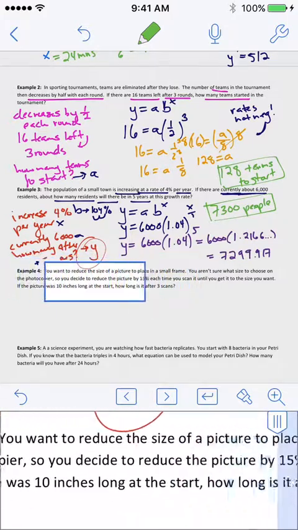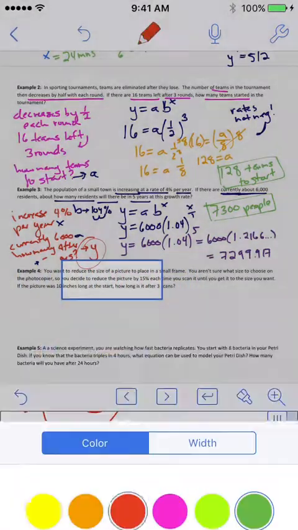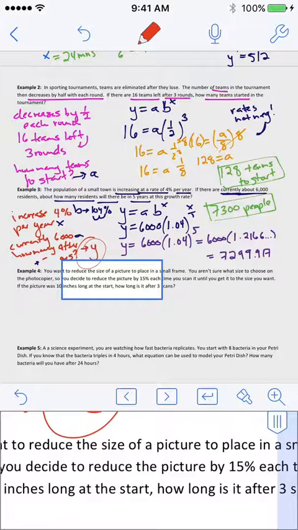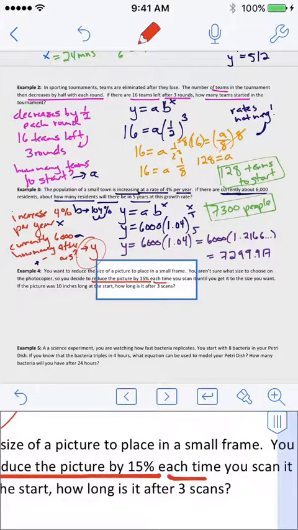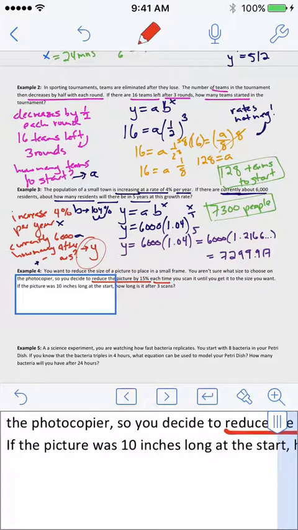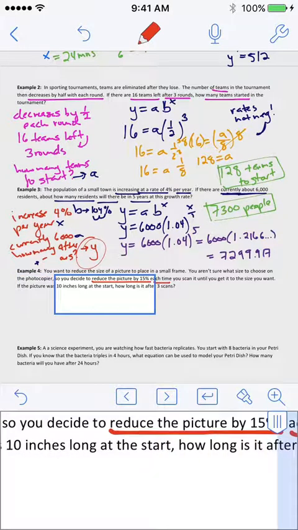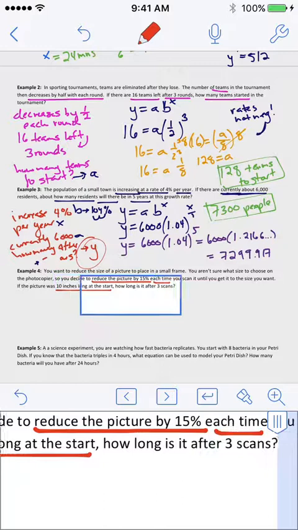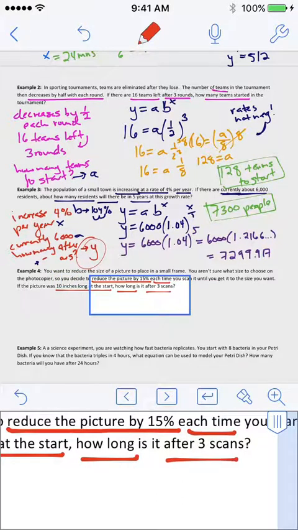Alright, some important information. The fact that we want to put it in a frame, probably not that much, but reducing the picture by 15% each time sounds pretty important. If the picture was 10 inches long at the start, so 10 inches to start. How long after 3 scans? That sounds pretty important.